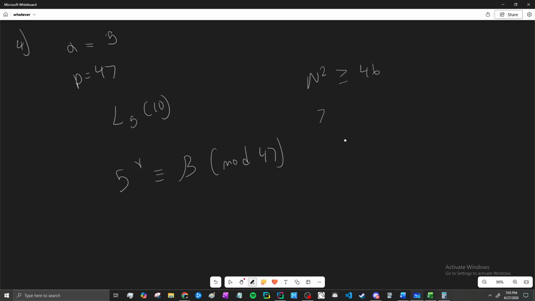By inspection, we can see that n is simply... because n squared is greater than or equal to 46. Or, never mind, they actually gave us a way to do this. Round up. So yeah, it is 7 actually.